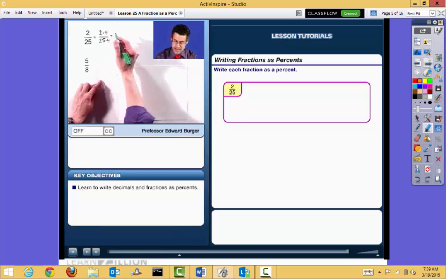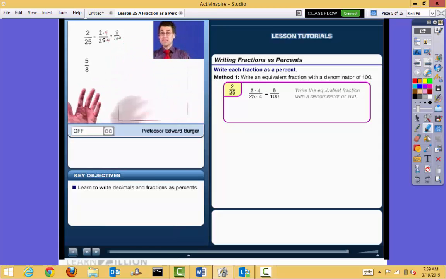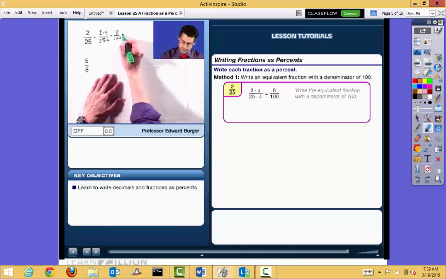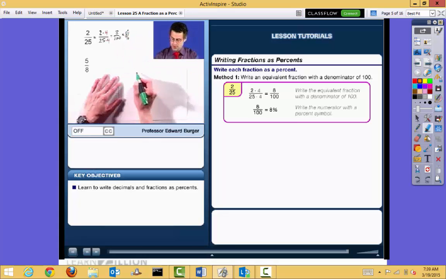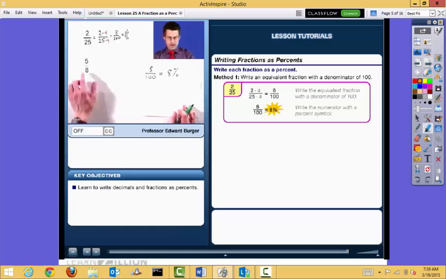I get 8 over 100. So now it's really easy to take that quantity and multiply it by 100. If I multiply it by 100, the hundreds actually drop out, and I'm just left with 8%. So 8 over 100 is the same thing as 8%.